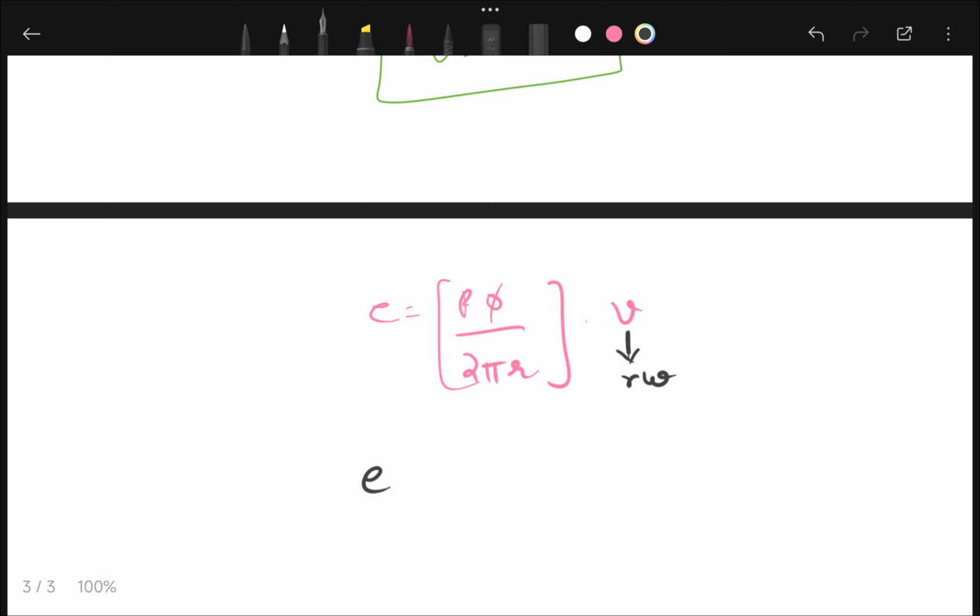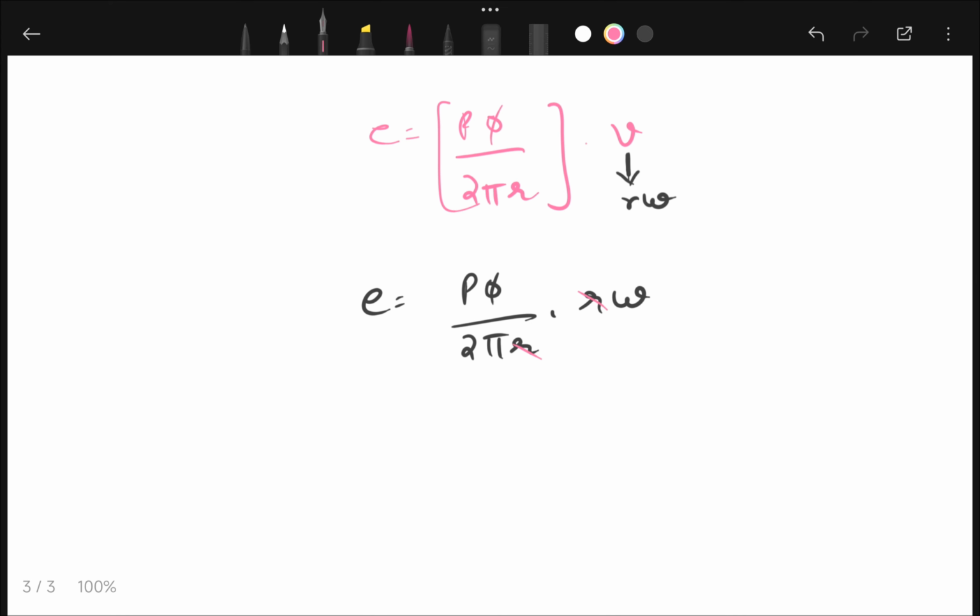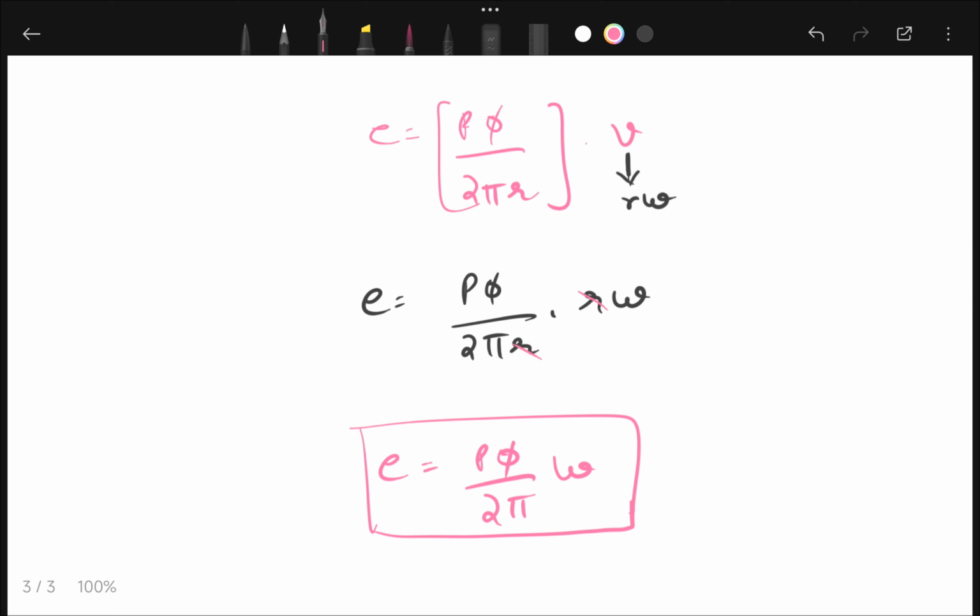So E is equal to P phi by 2 pi R into R omega. If I cancel common terms here, R is in common. So this is the total amount of EMF induced per conductor if your conductor is rotating with an angular velocity. The above obtained equation is the total amount of EMF obtained if your conductor is moving in linear velocity.